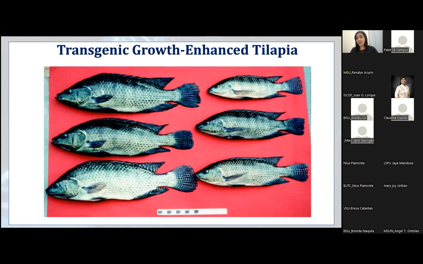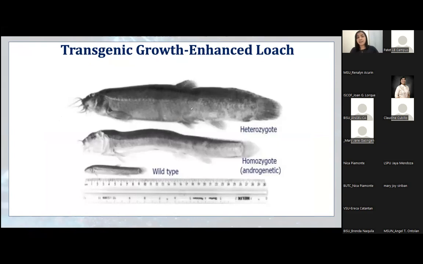Meron na pala. Okay. So, this is the normal tilapia. And ito naman yung transgenic tilapia. Okay, so nakita nyo, double the size. And another example is ito din, transgenic growth enhanced loach.